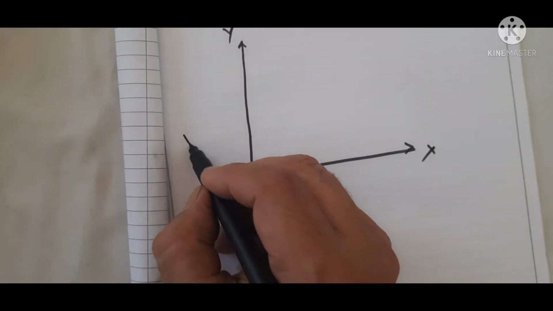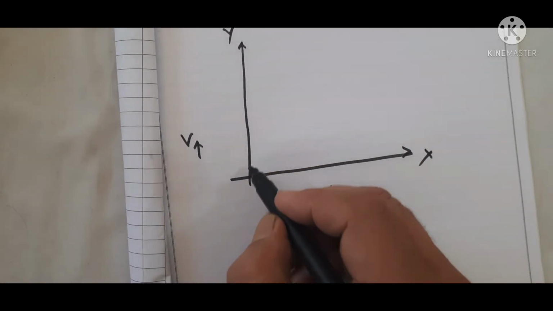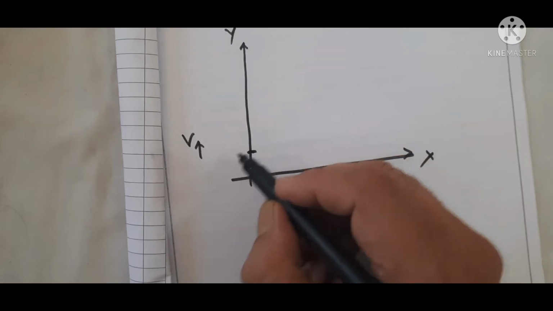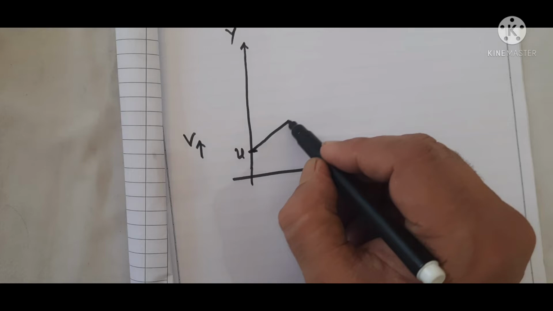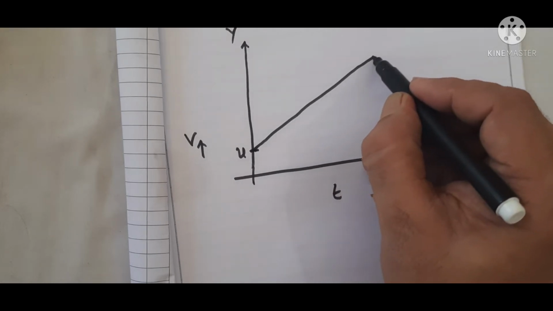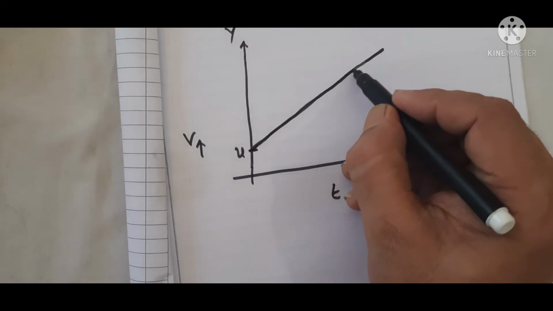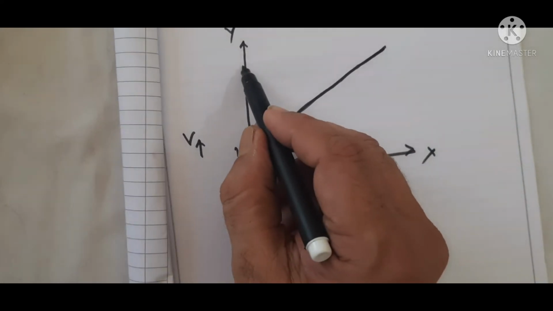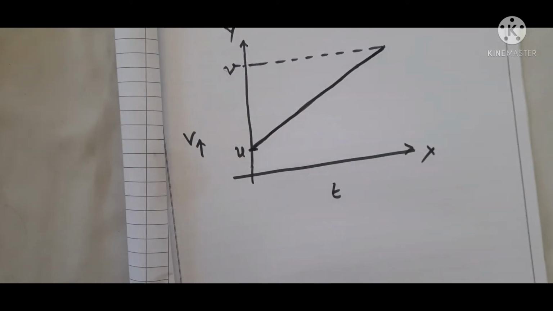Here we have taken the v, here the t, VT graph. Object is having some initial velocity u, then the graph is like that for the uniform accelerated motion. Graph is like that. Say here it is the final velocity v.